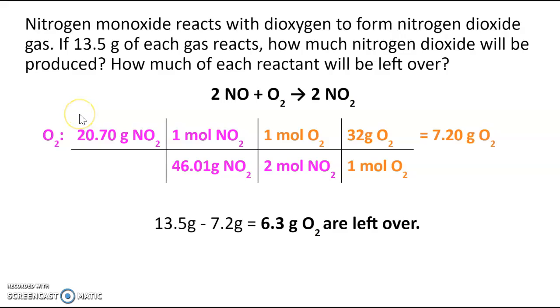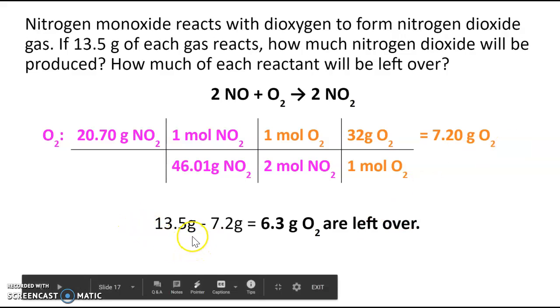So we'll start with our 20.7 grams of nitrogen dioxide, use molar mass to get to moles, mole equivalency to get to oxygen, molar mass to get to grams, and now we have 7.2 grams of oxygen are used. So if we take our 13.5 grams of oxygen that we started with, subtract 7.2 grams, that means we would have 6.3 grams of oxygen left over after this reaction.